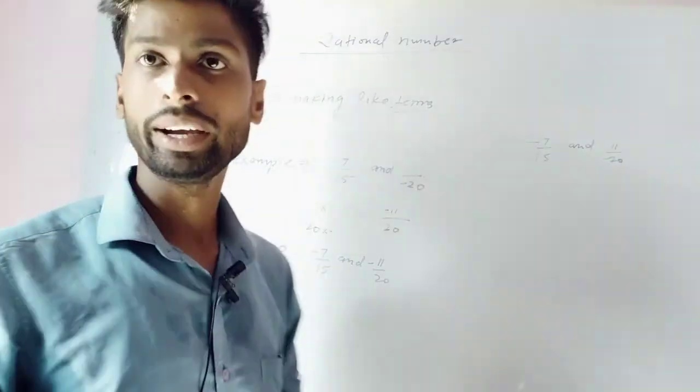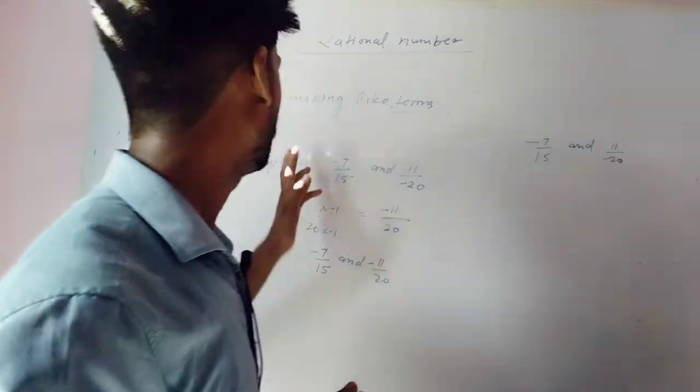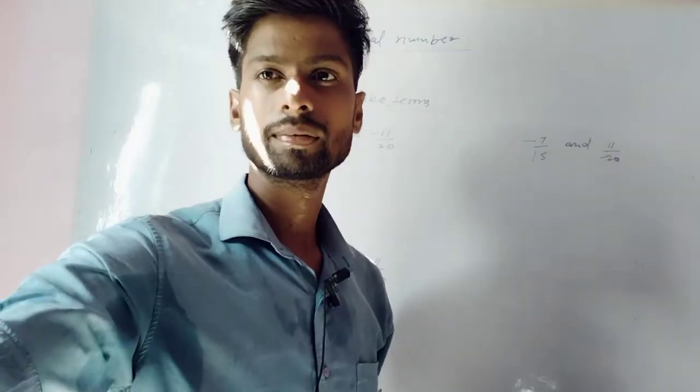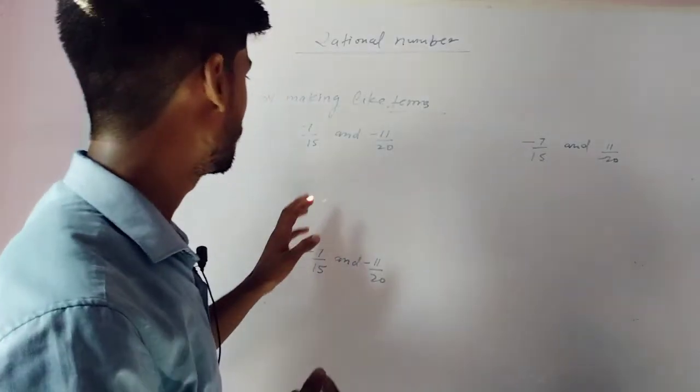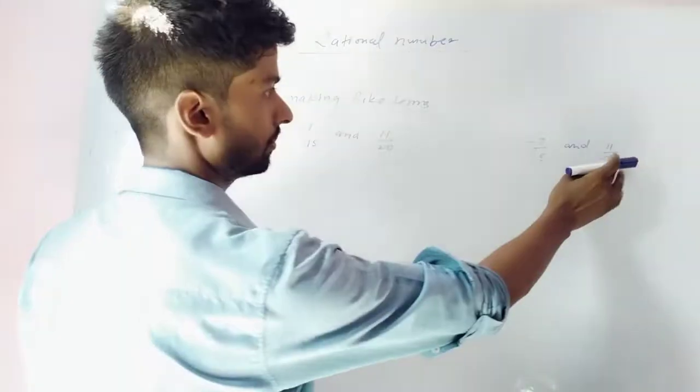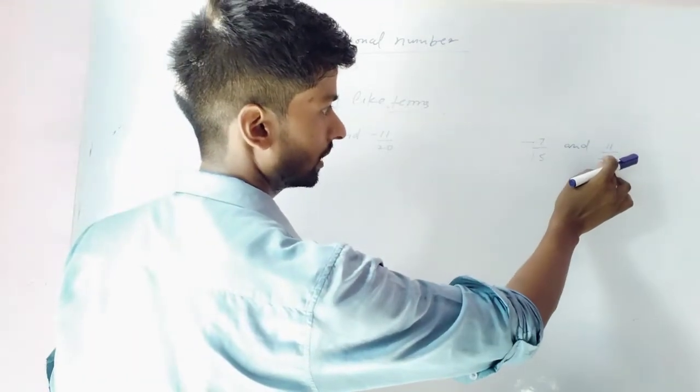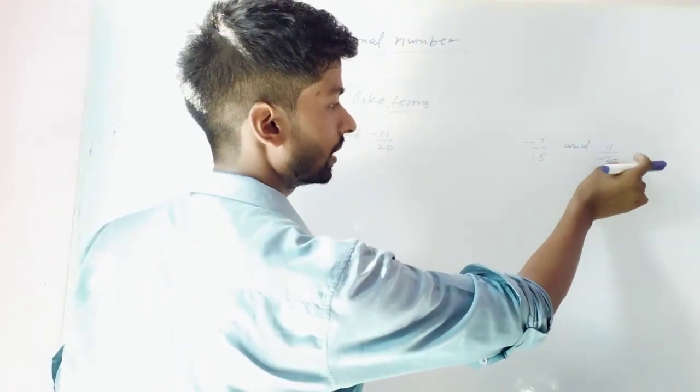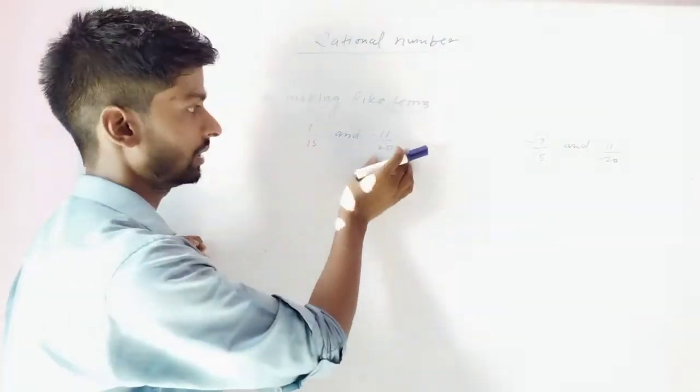Now we have to compare by making like terms. It was 11/-20, which was a negative rational number, so we have made it a standard rational number.